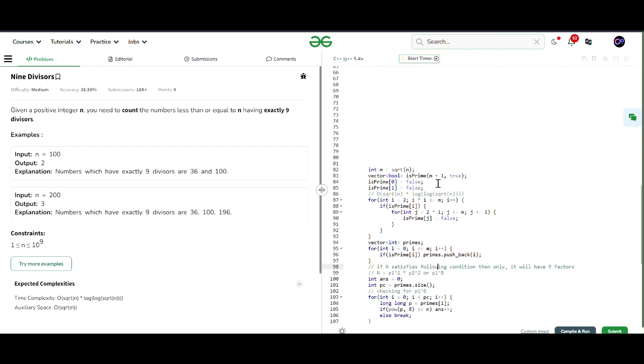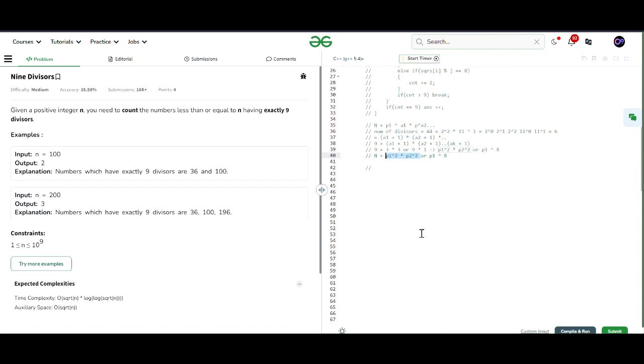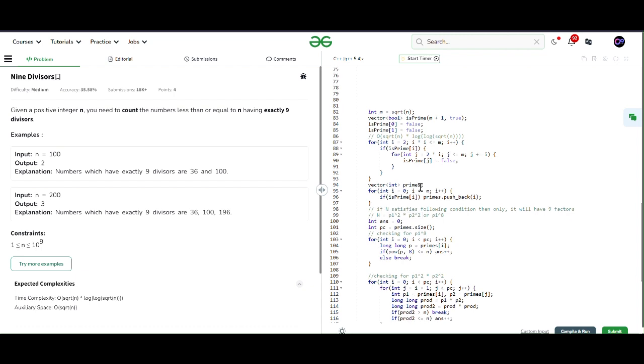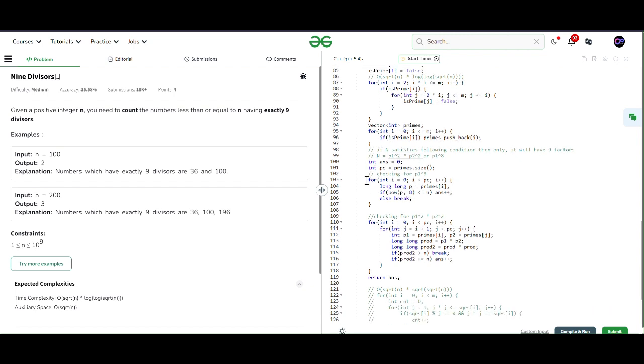As we discussed earlier, we will try all the possible pairs of the primes which are less than or equal to the square root of the number, right? So I will run nested loops. First, I check the power of it: if the eighth power of a prime is less than or equal to n, then I add that number into the answer.